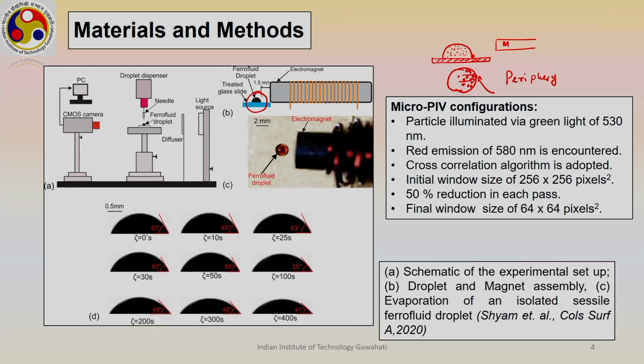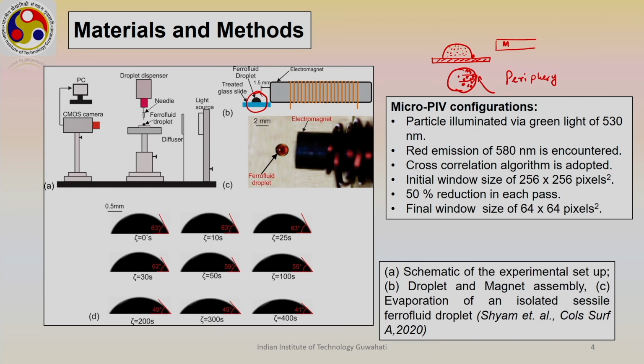To capture qualitatively that the iron particles are moving towards the periphery which is close to the magnet core, we have also used another flow visualization technique, known as bright field visualization, and that is what is shown in the schematic A. We have a droplet dispenser, and we can dispense a small droplet of known volume, and we know what its diameter will be.